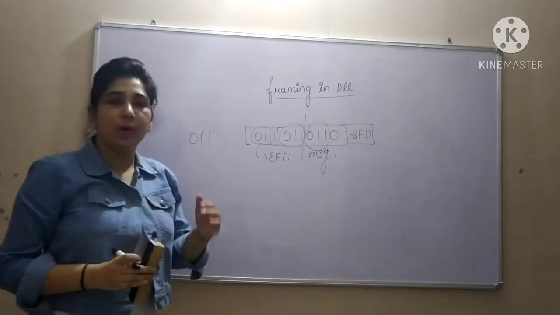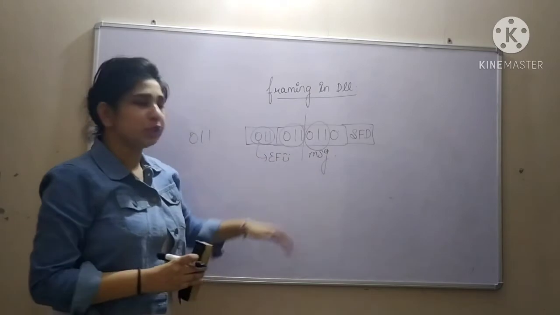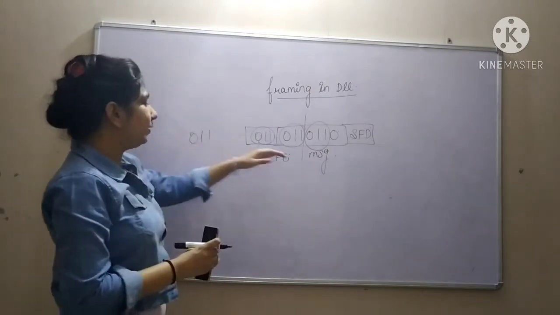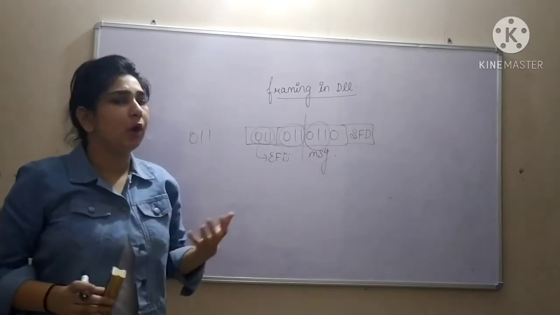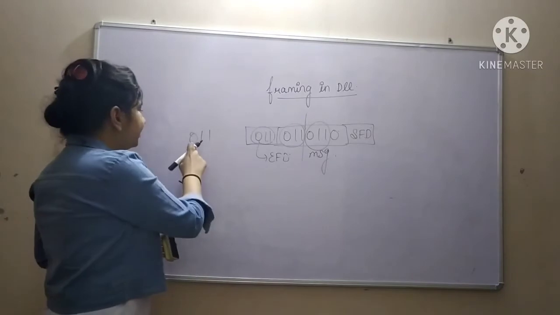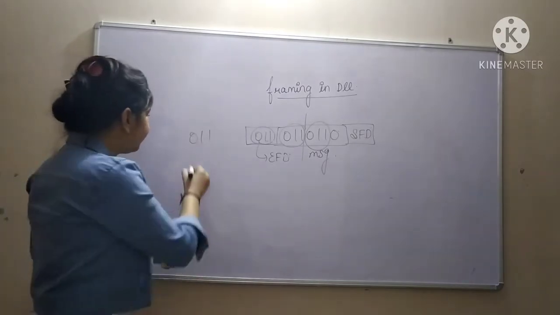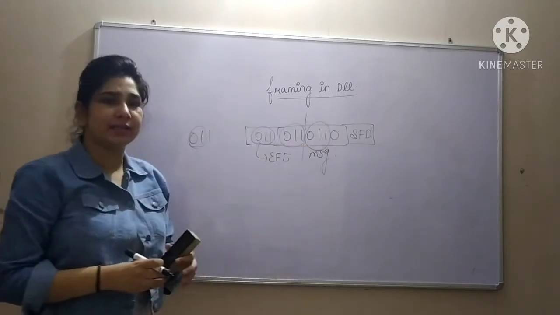We don't want any pattern like this in the message. We never want 0, 1, 1 in the message, because if it occurs in the message, we will not be able to differentiate. What we are doing is, after 0, 1, I am putting a 0 bit in the message field.